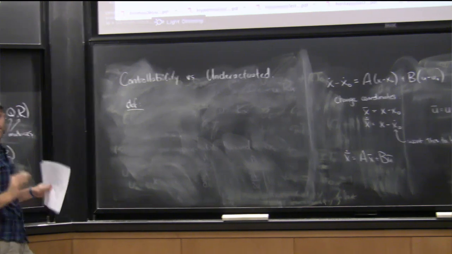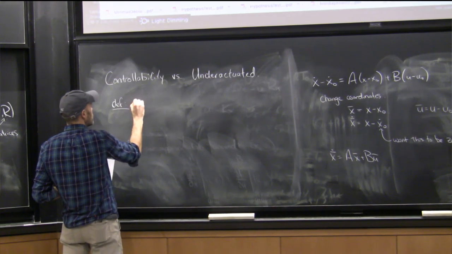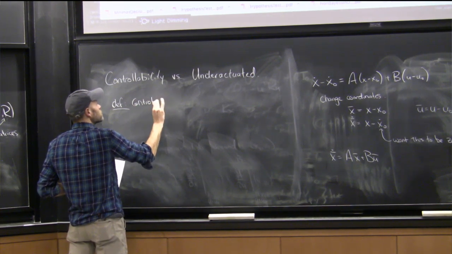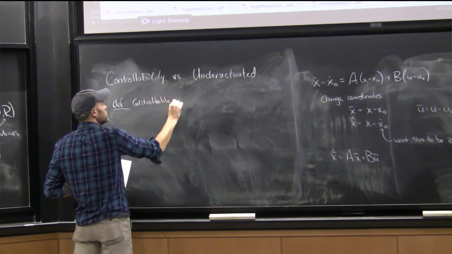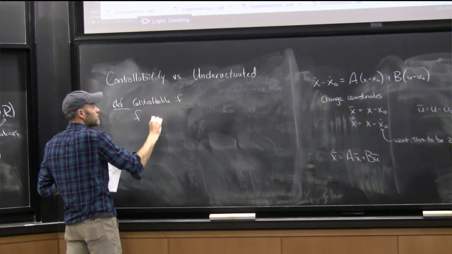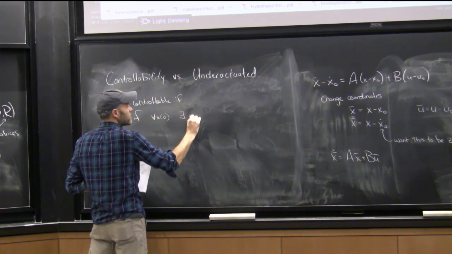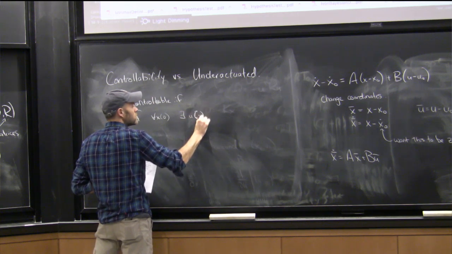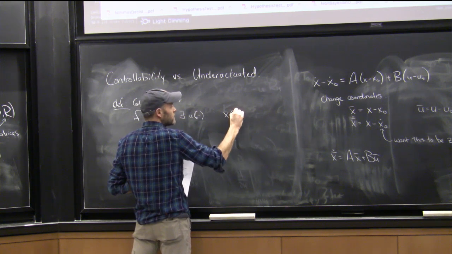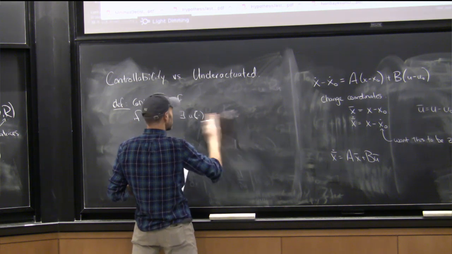Controllability is that for any initial x, a system is controllable if for all x0, there exists some trajectory u. Let me be a little bit more careful here.